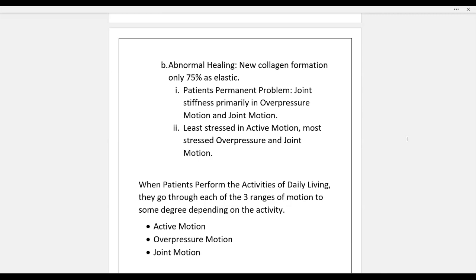So just be aware we're paying attention to the bell curve of these problems, and we're doing it for ease of communication. It's easier for me to say 75% or 70% elastic as opposed to saying it could be from 60% up to 80%. So it can be more than 75%, and it can be less also.